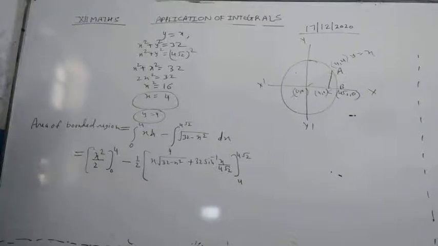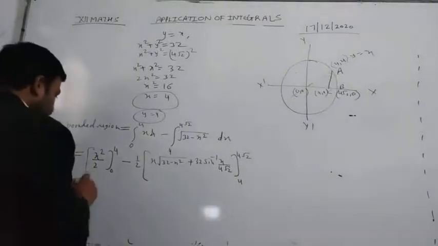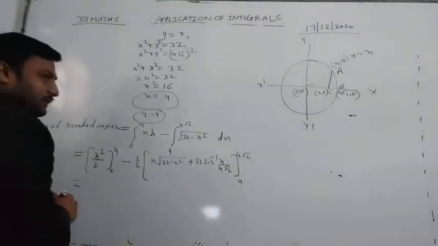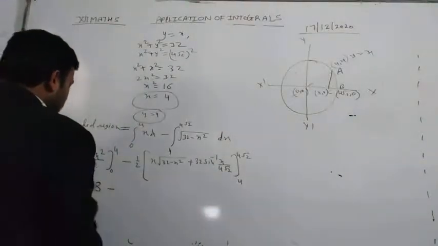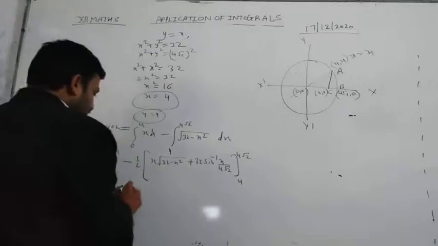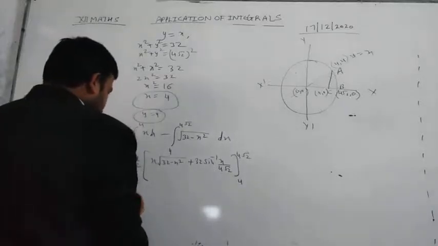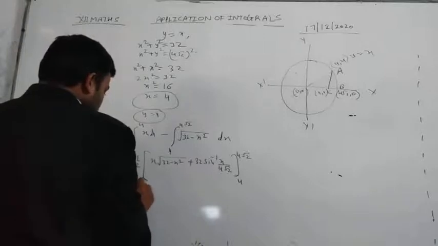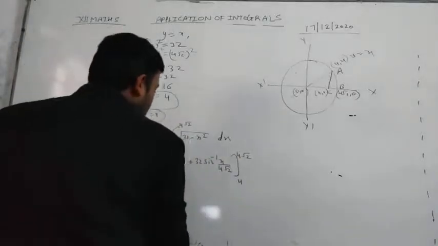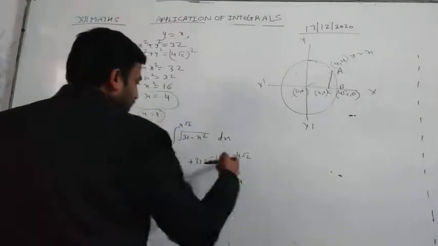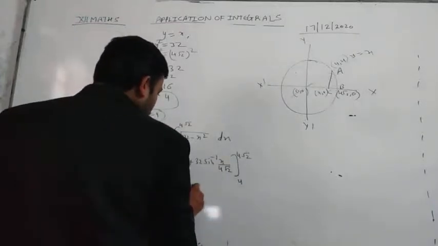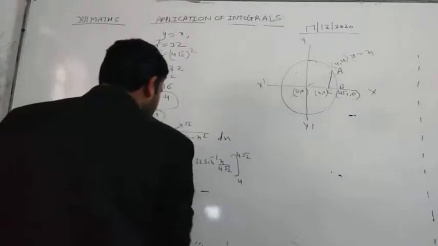Now we will put the values. So we get 4 square, which is 16 by 2, which is 8, minus 1 by 2, and then we will put the limit. This term will be 0 here, plus 32 sin inverse of 4 root 2 by 4 root 2.